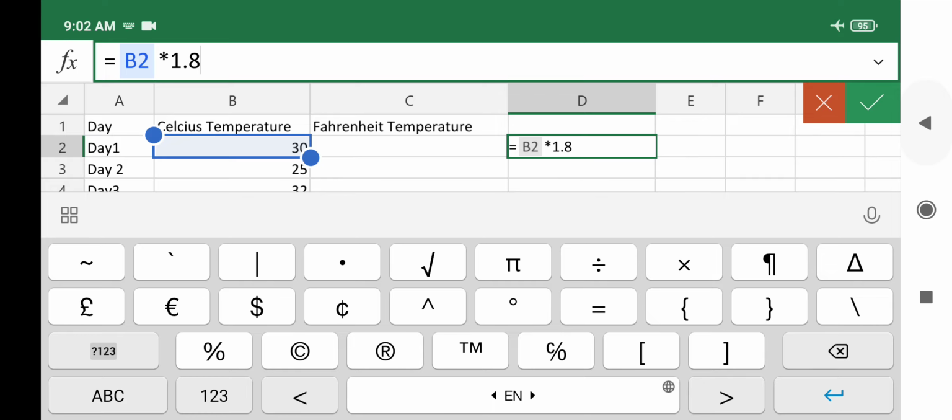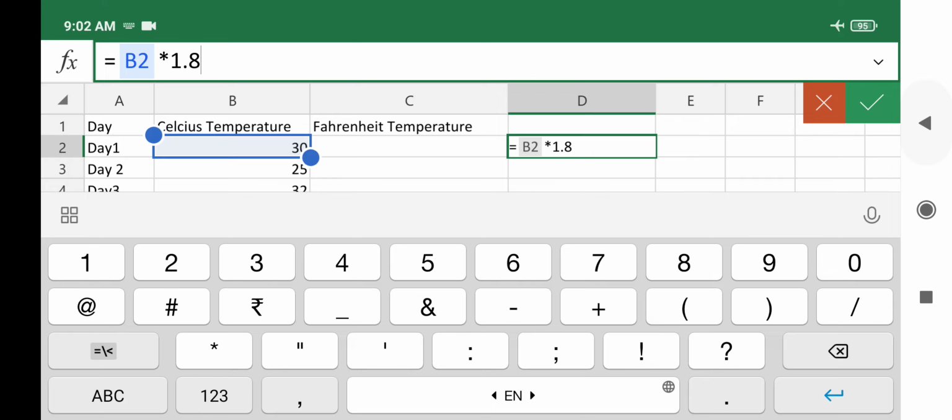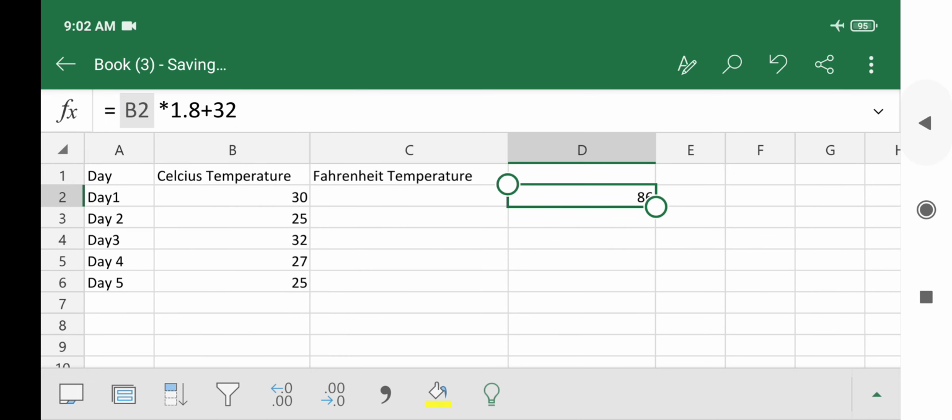Then write plus 32. So 86 is our value. I hope you are able to see 86 is coming.